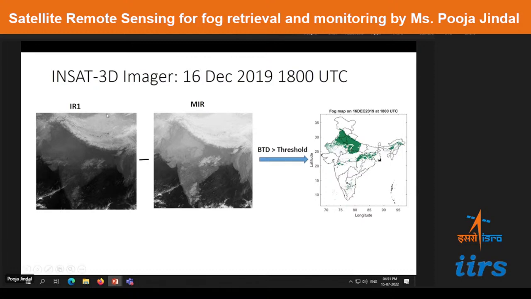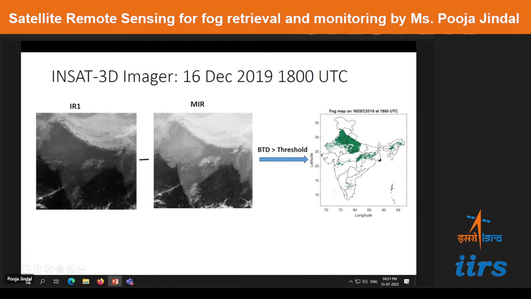Okay, so here I have shown the methodology. We take the thermal channel and the mid-IR channel. We simply take the difference of these two channels, put a threshold on the BTD, and we get the foggy image, right? If this is the fog pattern, you can see in the mid-IR channel it's slightly clear, but in the thermal channel not very clear.